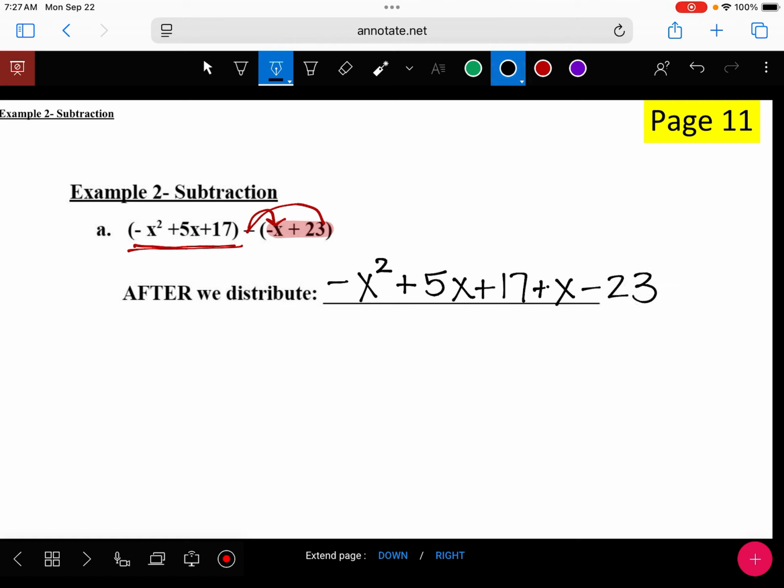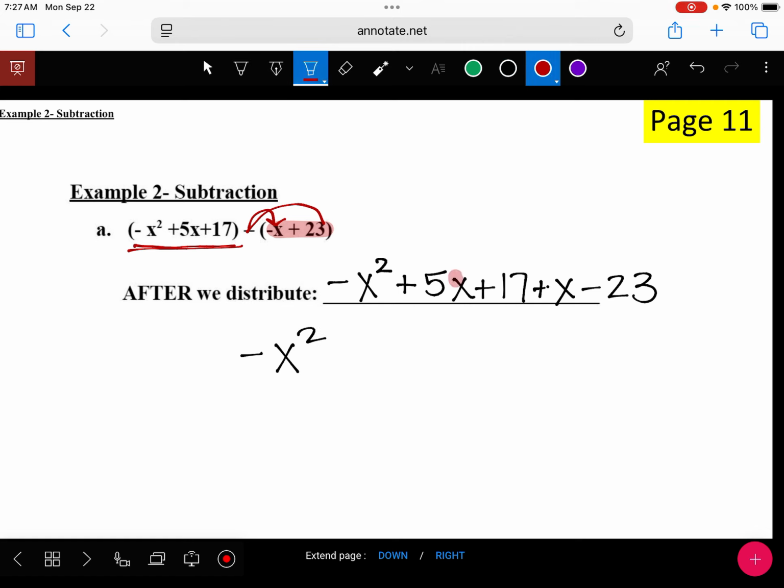All right, now take a moment and combine all your like terms. So there's only one x squared, so that's by itself.